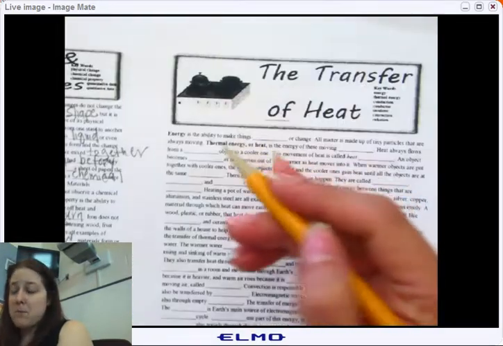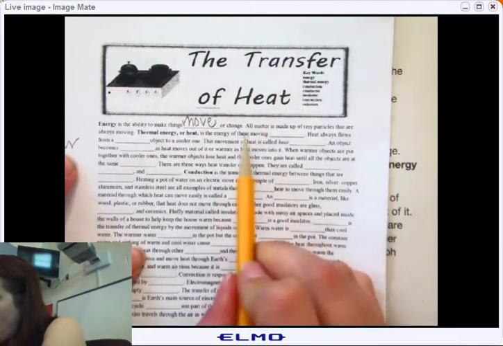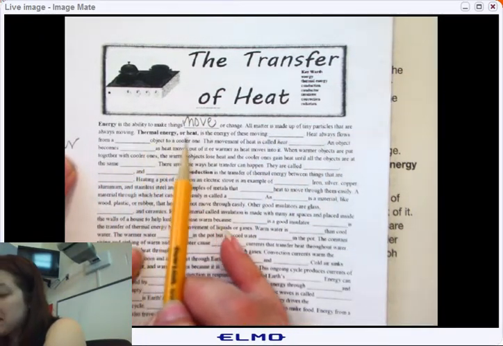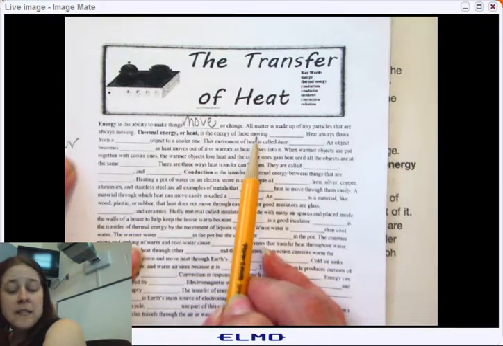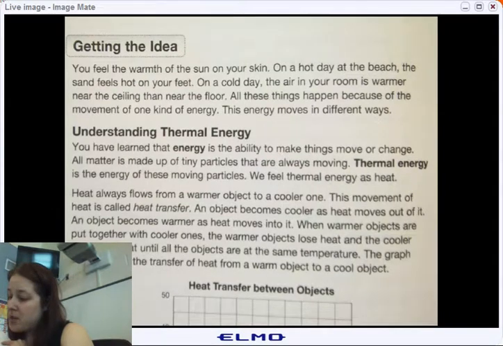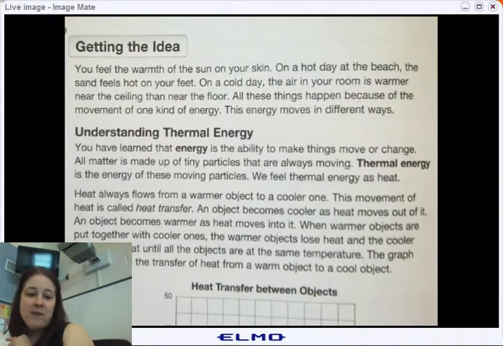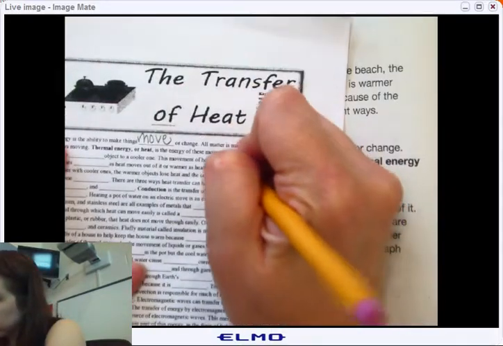So over here, you're going to write move or change. All matter is made up of tiny particles that are always moving. Thermal energy or heat is the energy of these moving what? See it? It's in that first paragraph. Well, really the second one. Moving particles.